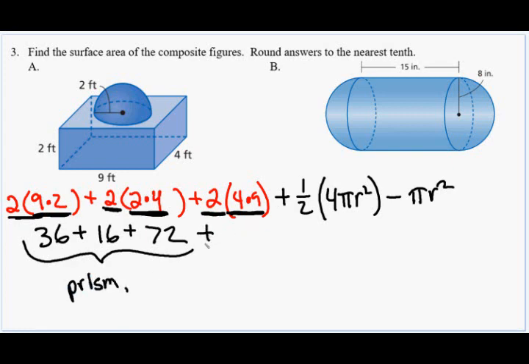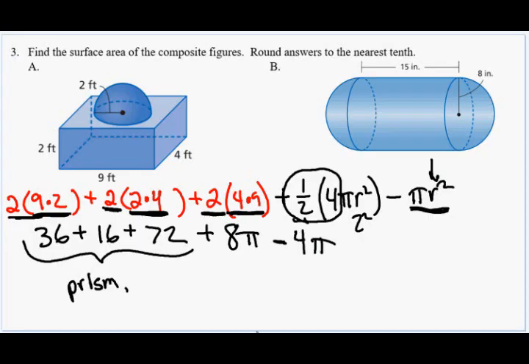Now we're going to add in half of 4 is 2, and our radius is 2, so this will be 2 squared. That'll be 4 times 2, or 8 pi. And then we're going to minus here pi r squared. R again is 2, so 2 squared is 4, and times pi is 4 pi.